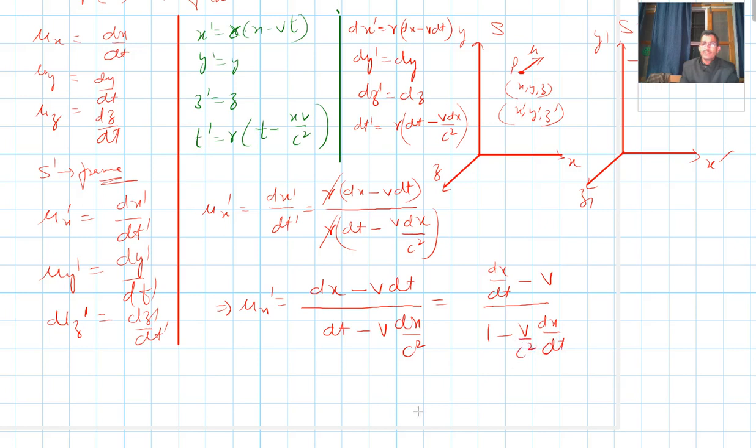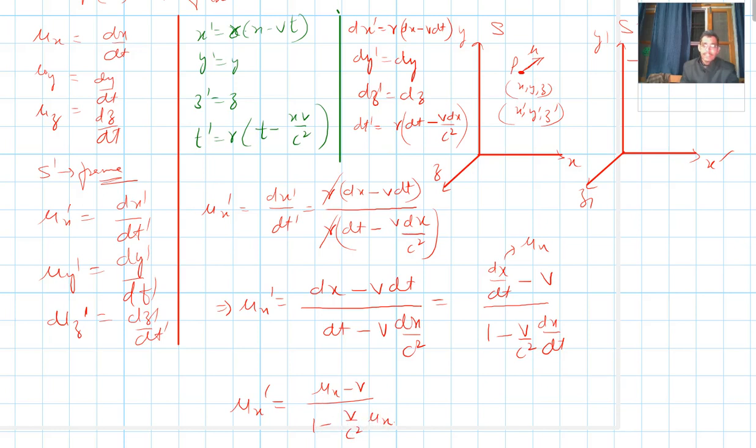Now dx over dt is ux, so ux prime is equal to ux minus v over 1 minus v ux over c square. That's what I am getting.